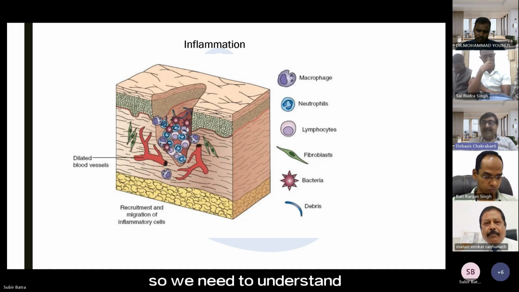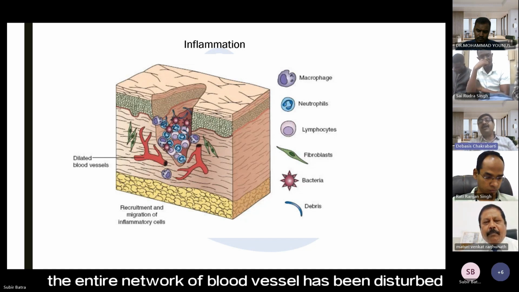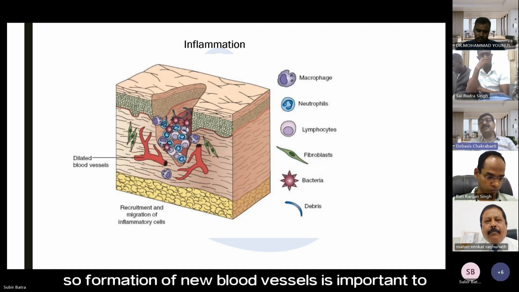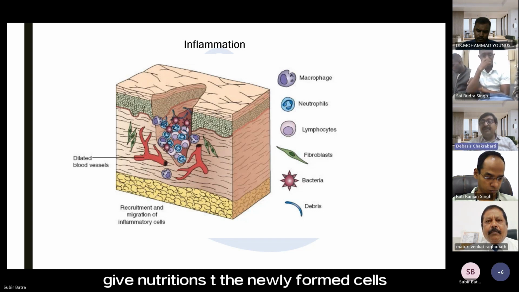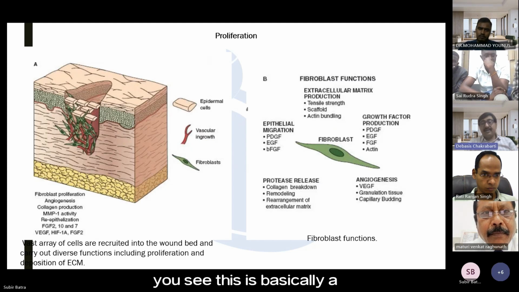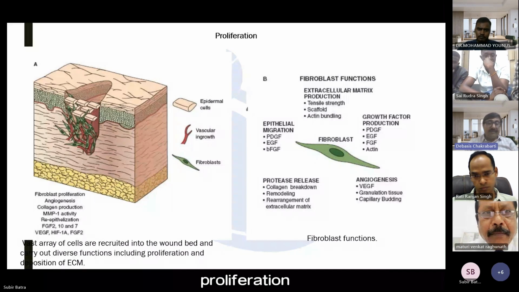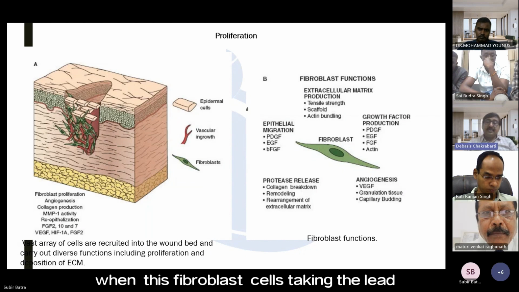We need to understand that during a wound, the entire network of blood vessels has been disturbed. So formation of new blood vessels is important to give nutrition to the newly formed cells. Now, you see, this is basically proliferation, where the fibroblast cells are taking the lead.